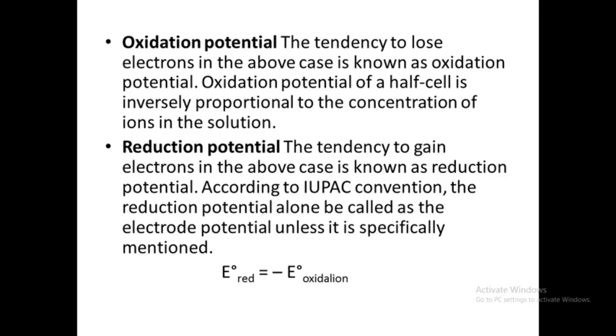That means the reduction potential is used as electrode potential or standard electrode potential. And always remember that the values of oxidation and reduction potentials for the same half cell are the same, but their signs are opposite. If the reduction potential is positive, then the oxidation potential will be negative, and vice versa.